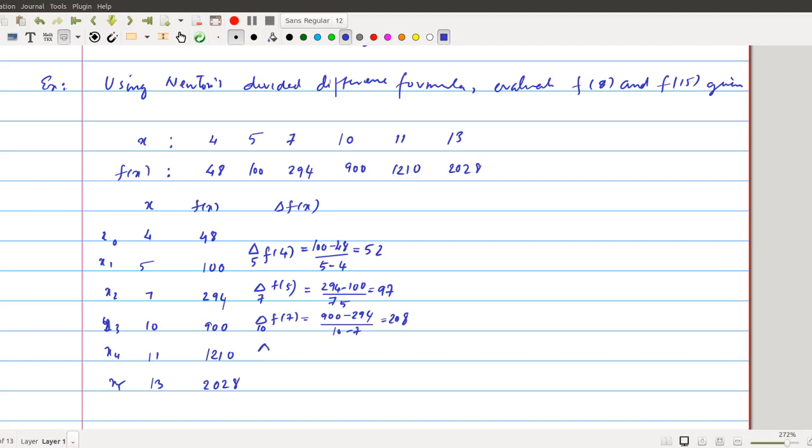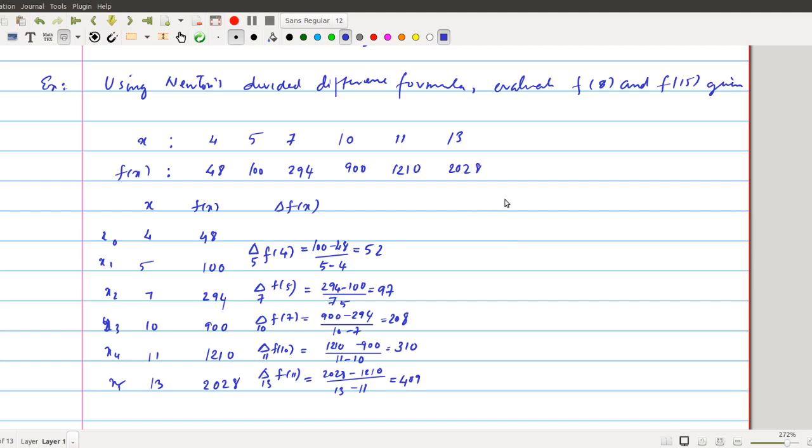Now delta 11 f of 10 is 1210 minus 900 divided by 11 minus 10, that is equal to 310. Finally delta 13 of f of 11 has denominator 13 minus 11, and the numerator is 2028 minus 1210, so this will be 409.